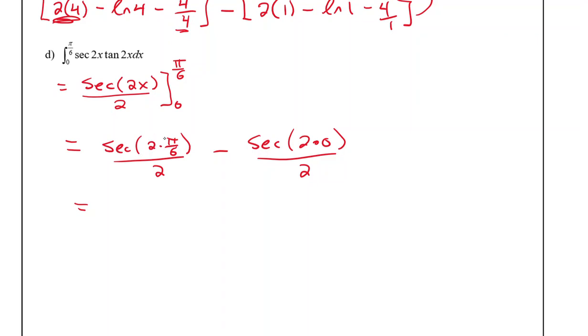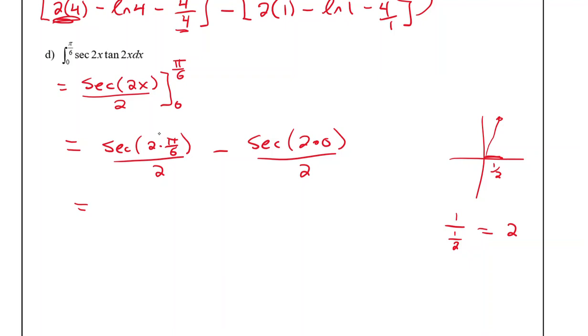All right, so this is 2 over 6, so that'd be the same as just pi over 3. And cos of pi over 3, if you think, pi over 3 would be up here, right? So cos of pi over 3 is a half. Okay, so 1 over cos of pi over 3, so this is 1 over a half, which is just equal to 2.